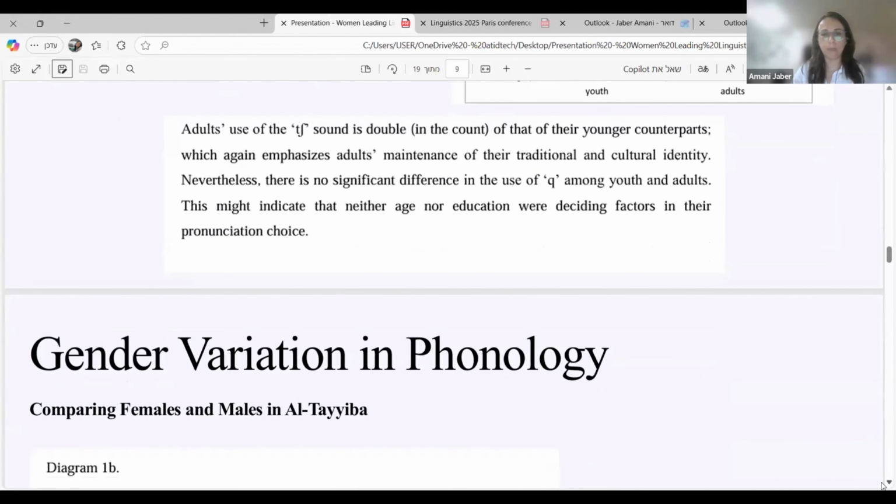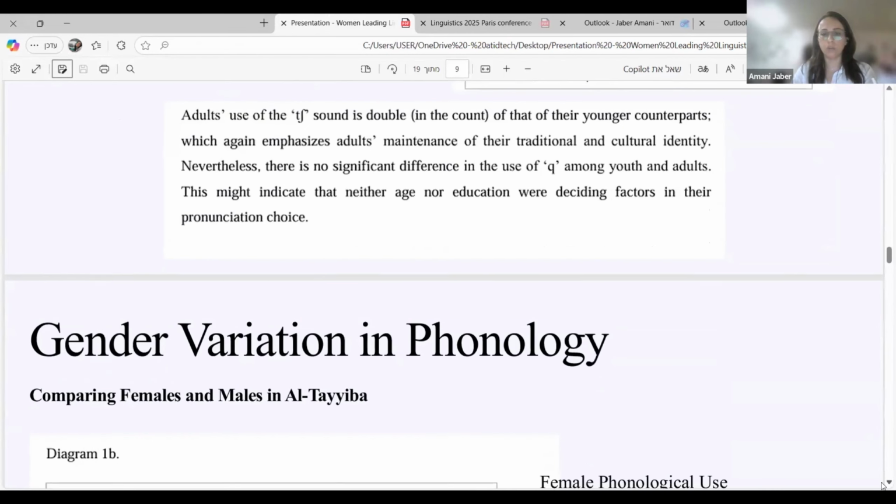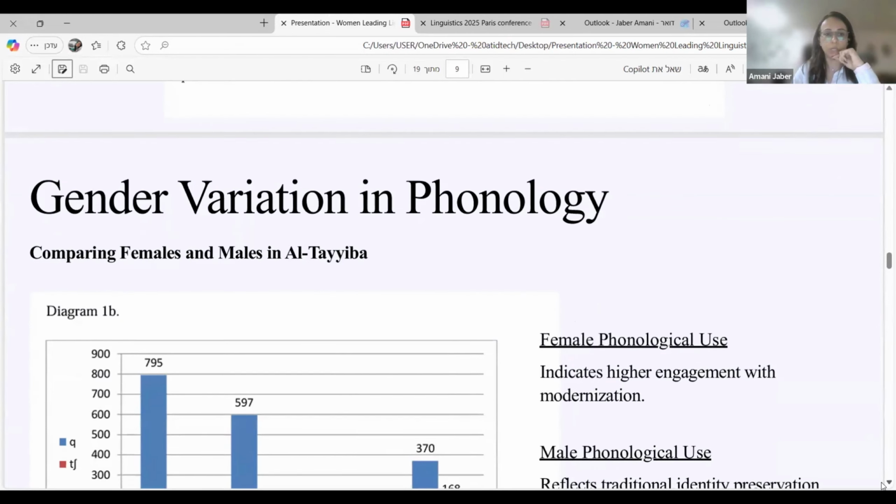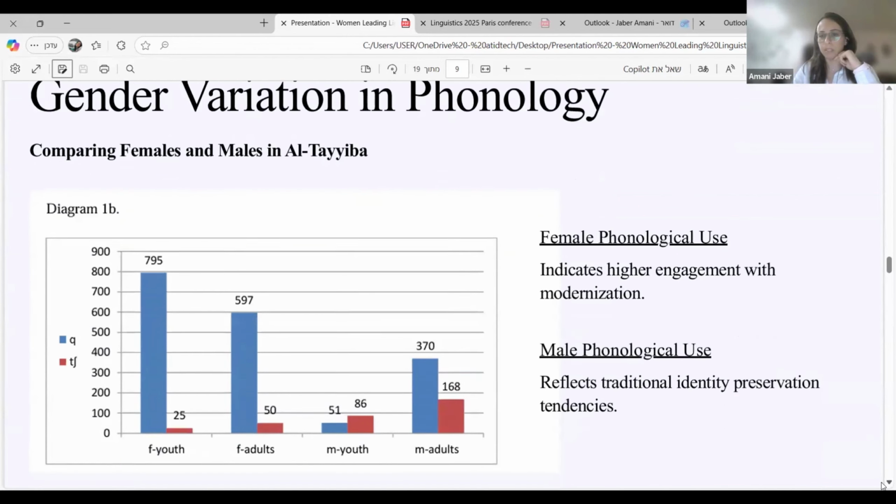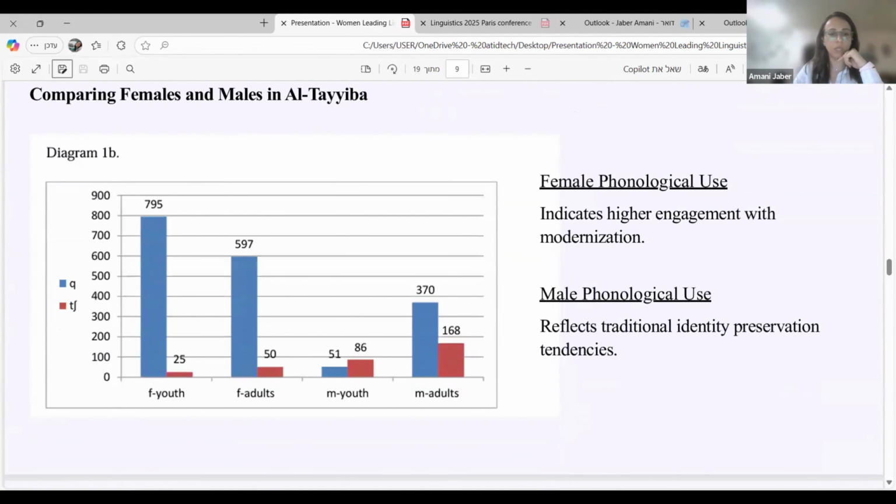Yet when I zoomed in on the gender variation in phonology, comparing males and females, in this diagram the blue is the K, the modernization indicator. In both cases, the female youth and female adults use the modernized version of the colloquial Arabic phonological variable to a higher extent than the males.